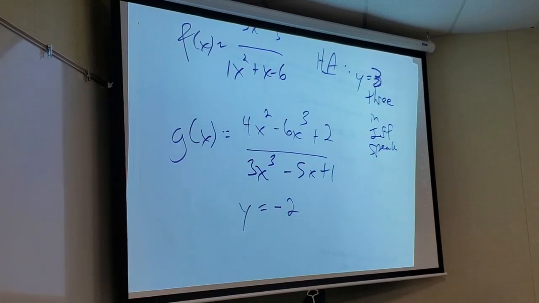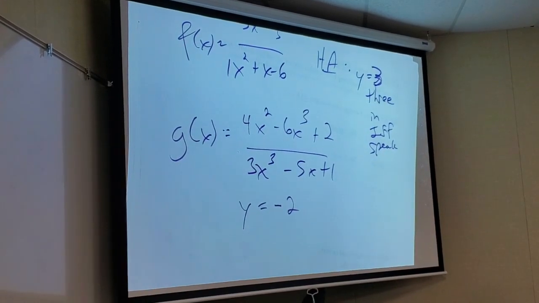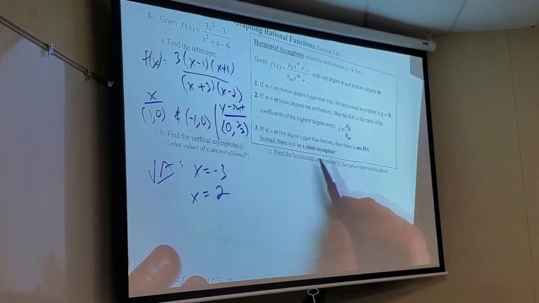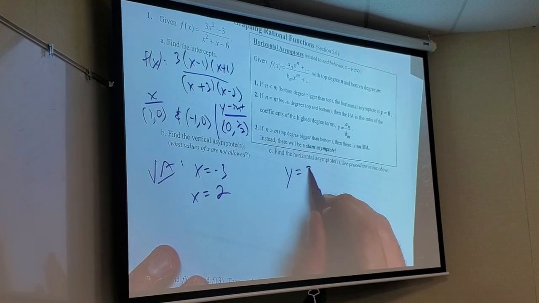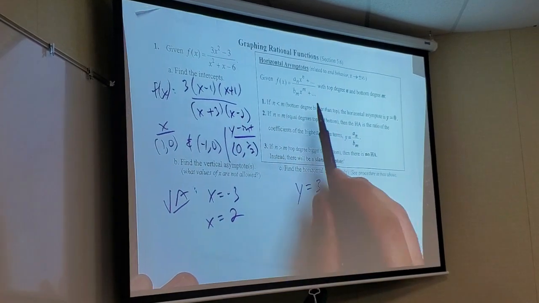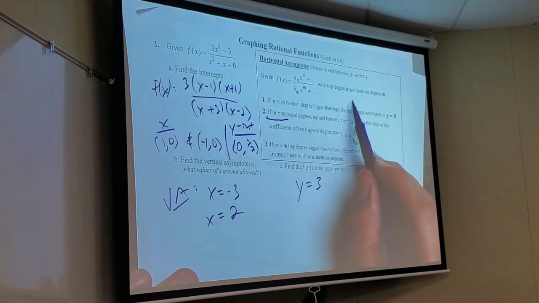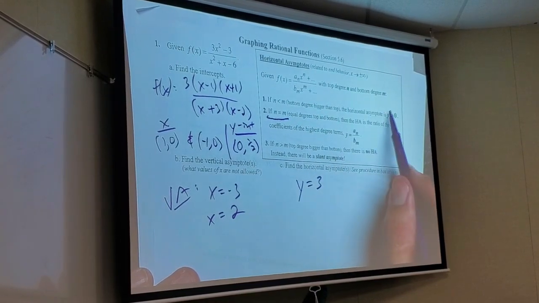All right. So let's come back to this sheet. Horizontal asymptote, we now know that is y equals 3, because we're in this second situation. Now let me interpret this. Do you see how this says the top degree is n, the bottom degree is m?